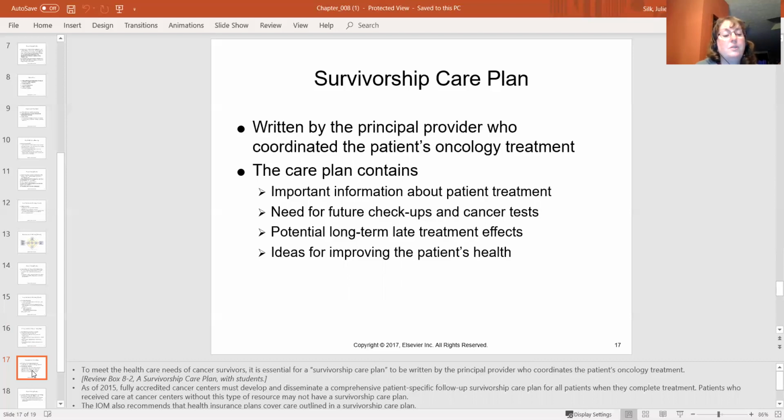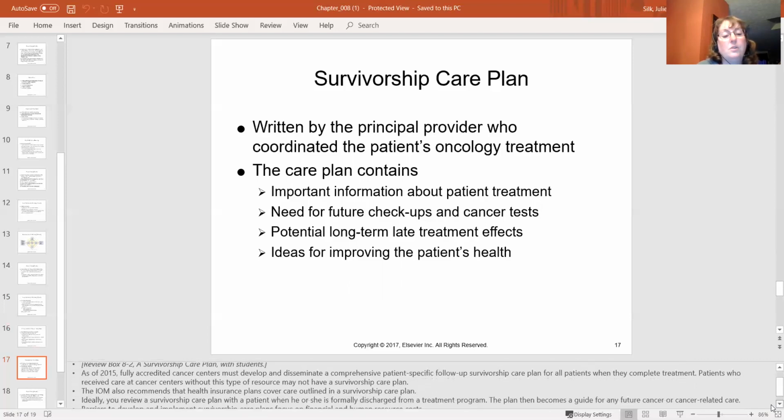So as of 2015, fully accredited cancer centers must develop and disseminate a comprehensive patient-specific follow-up survivor care plan for all patients when they complete treatment. Patients who receive care at a cancer center without this type of resource may not have a survivorship care plan.